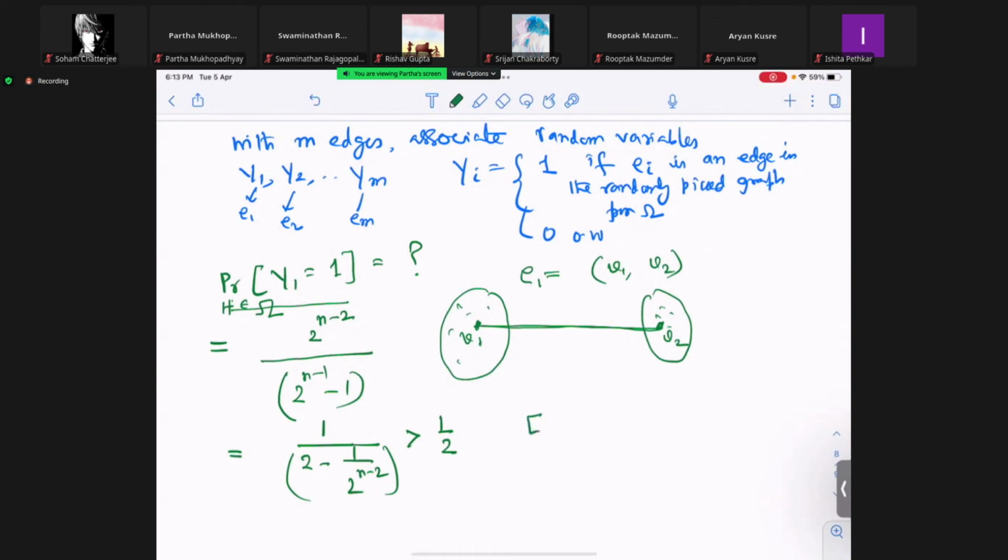That means the expected value of y is the summation of the expectations of these edge indicator variables, and it is at least m over 2. This example was a little trickier than the earlier examples.